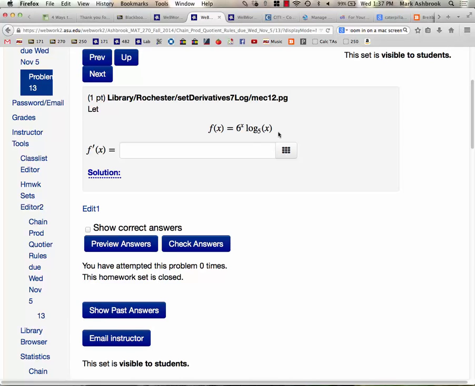So first of all, overall structure. Product. It's one function times another. So we're going to apply the product rule, which says take the first times the rate of change of the second, which will be 1 over x ln of 5.